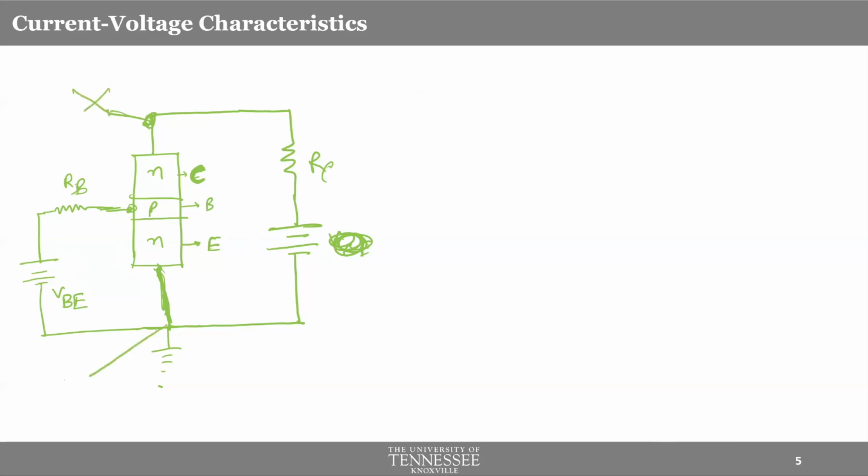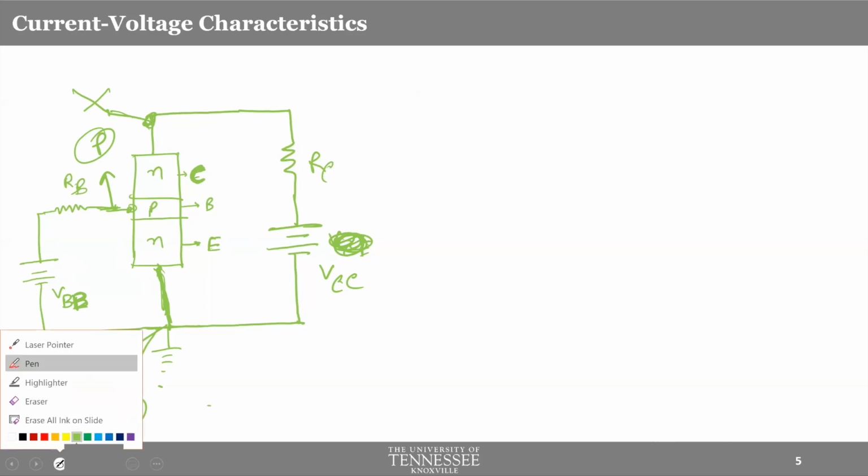So this is X, this is Y. So VXY will be VCE. Okay, let me use a different name. So this is VCC and let's call this VBB. The base emitter voltage will be, say this guy P and say this is Q. So the voltage between these two nodes, P and Q, will be the base emitter voltage. Right, I don't want to confuse you with too many notations.